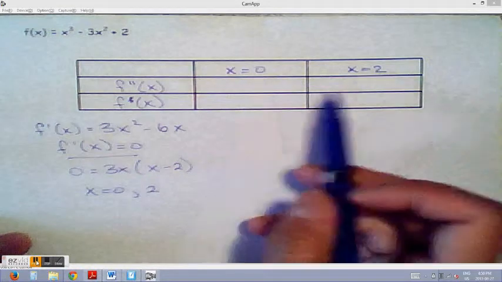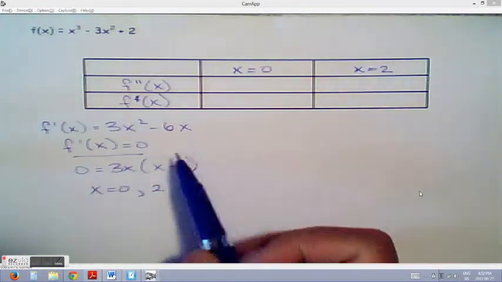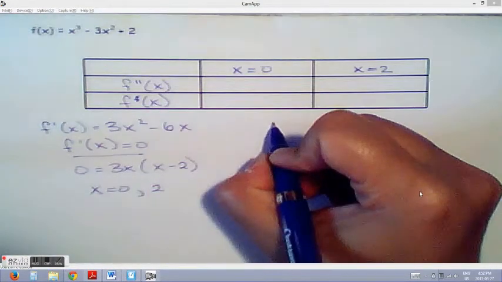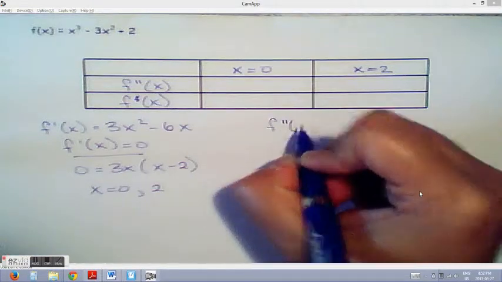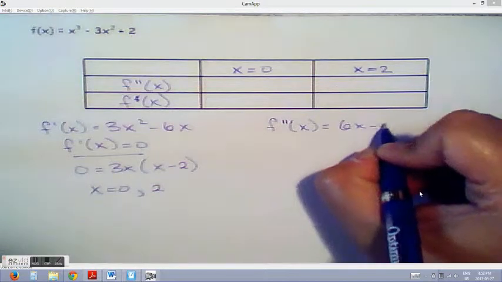Let's take our critical values and put them into the second derivative so that we can find the sign. So let's find our second derivative, which is 6x minus 6.